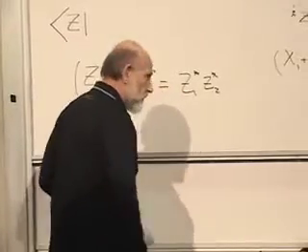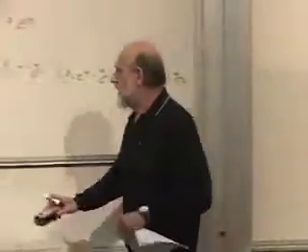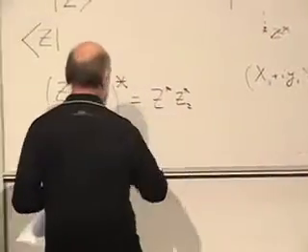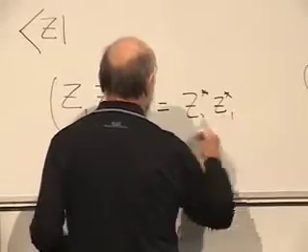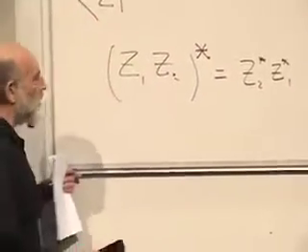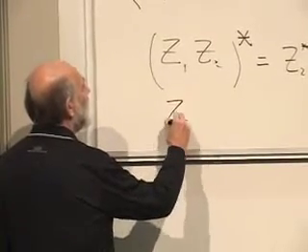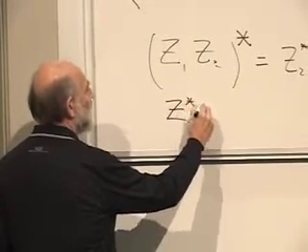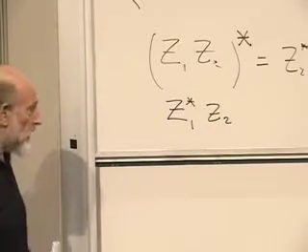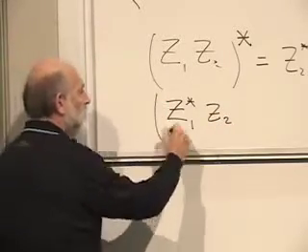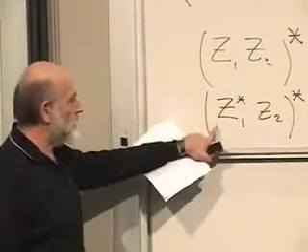Just for notational reasons, I'm going to change the order here and put the 2 here and the 1 here. Another similar fact: what about z1 star z2? Suppose I take z1 star z2 and take the complex conjugate of this product.